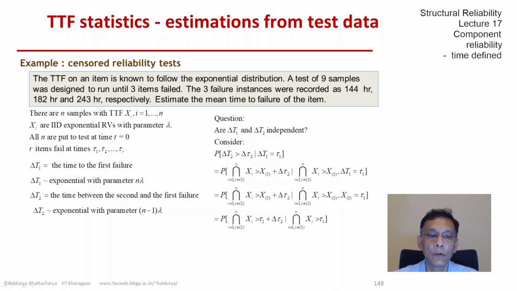So our probability statement simplifies to the fact that all the x's are greater than tau 1 plus delta tau 2, except the one that failed already, given that all the others are greater than tau 1, except the one that has failed at tau 1.